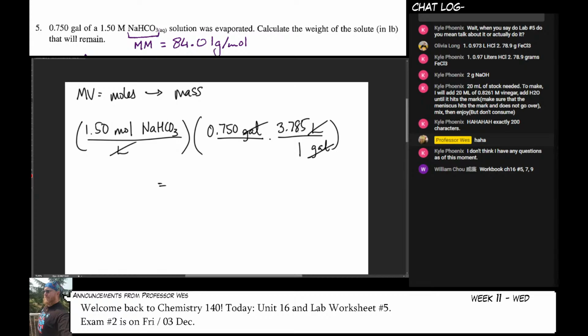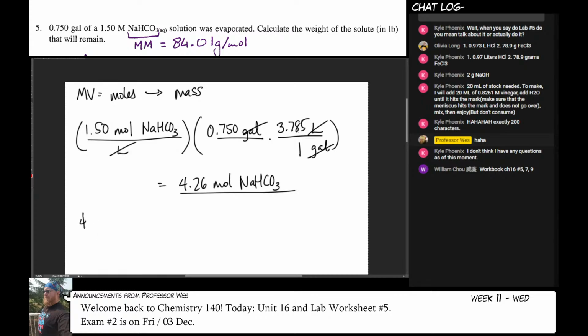So how many moles are in this sample? 1.50, 0.750, 3.785. And so I got 4.26 moles of sodium bicarbonate. So that's how many moles were in the sample.